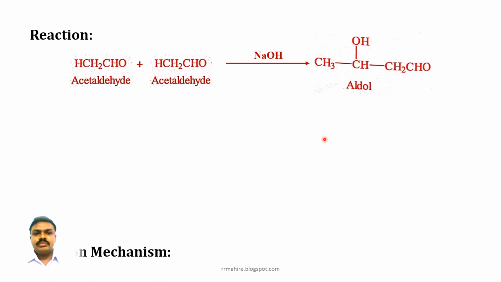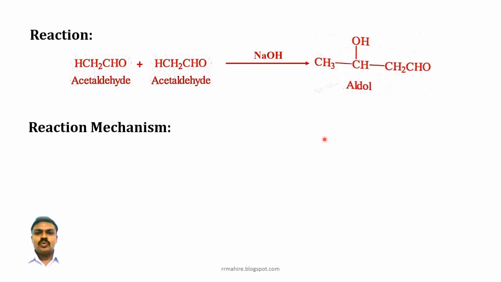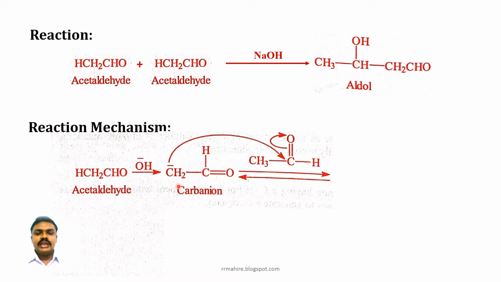Now, in the reaction mechanism, we see how the aldol is formed by the mixing of two aldehydes in the presence of basic conditions. The first step is when one of the aldehydes reacts with the base, it forms an intermediate, that is the carbanion, and this carbanion attacks the highly electropositive carbonyl carbon, and immediately the negative charge is shifted to the oxygen of the other aldehyde.